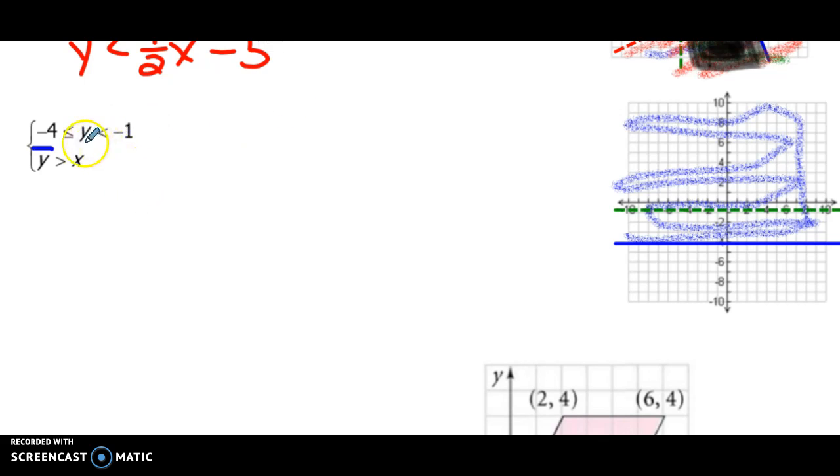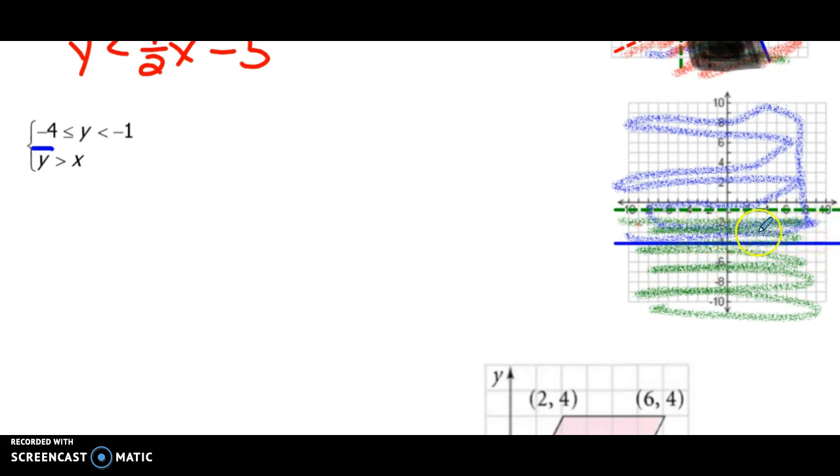And the next one, y is less than -1, we're going to put a dotted line across y equals -1. Since it's a less than, we want to go ahead and shade in this area down here.